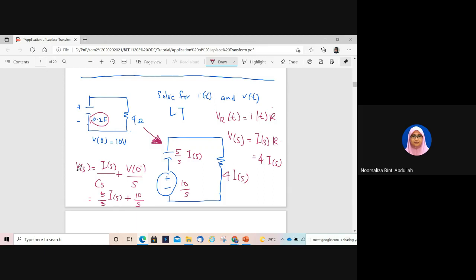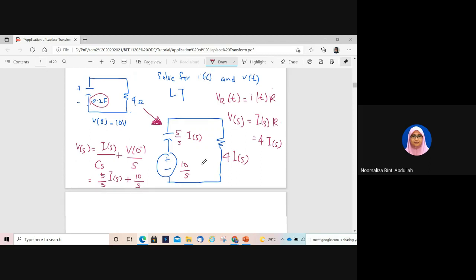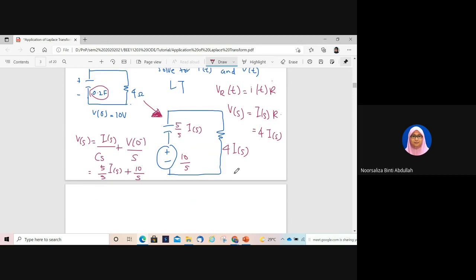Make sure in your final exam, if there is any question regarding circuit, you transform from this circuit to this circuit first. Then you can make the analysis.